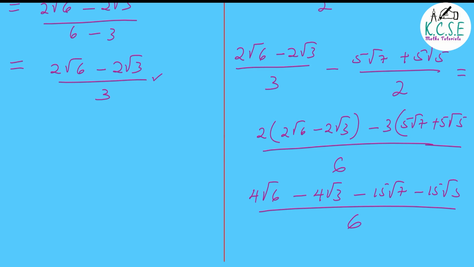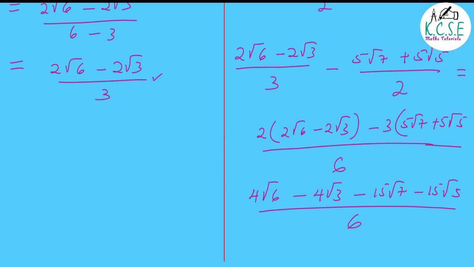Now looking at this expression, whether we can simplify this one further, so far we may not be able to simplify this one any further. So this is in the simplest form.